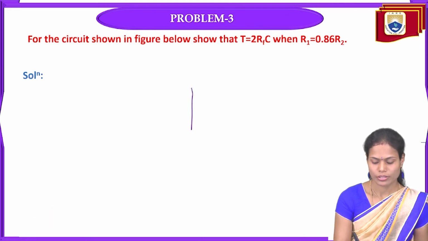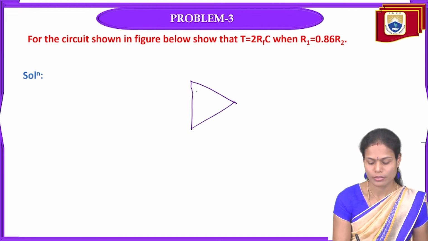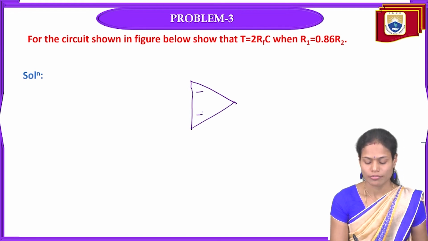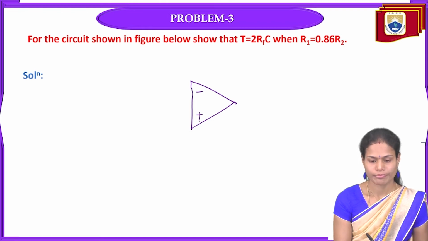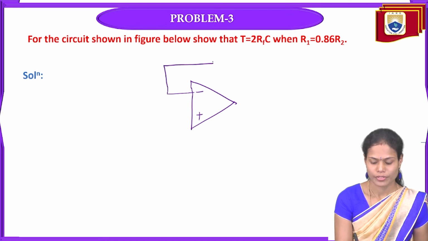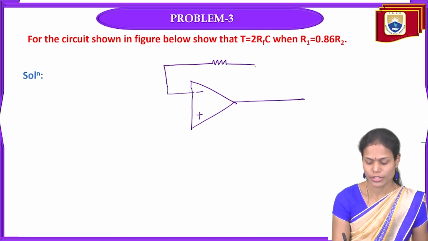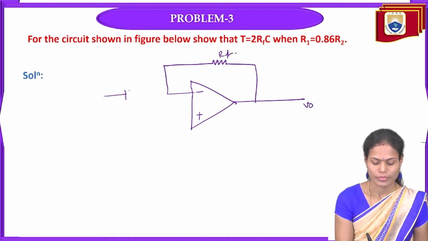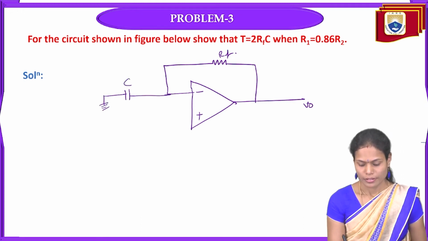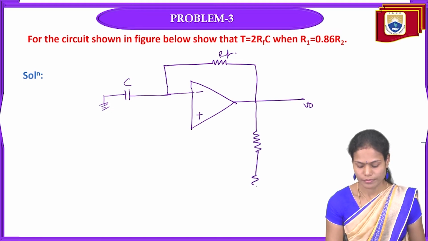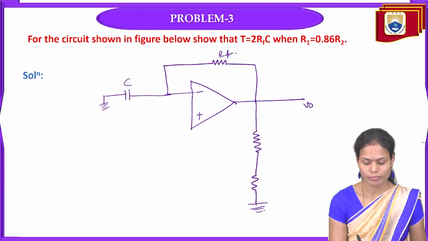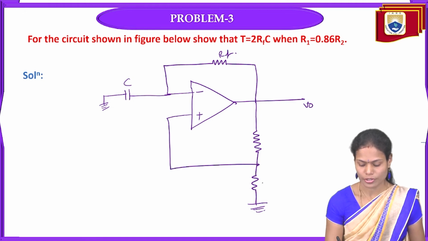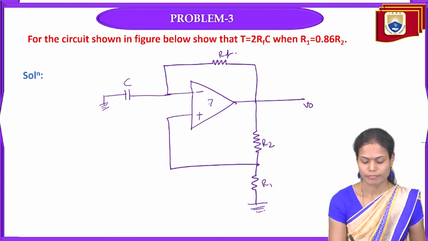So for that, I am showing the circuit of the problem, that is an op-amp with inverting and non-inverting terminals. For the inverting terminal, the feedback resistance RF is connected from the output, and also the capacitance C is connected, and for the non-inverting terminal, R1 and R2 resistances are connected.